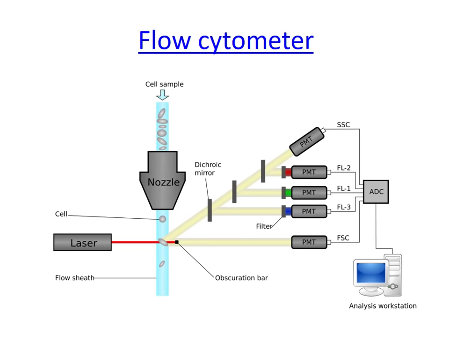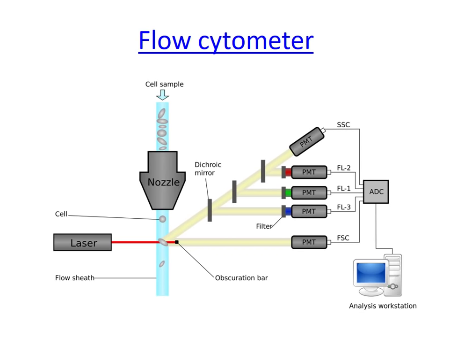Okay? And each detector has its own job to do. So for instance here, this will mean nothing to you at this stage, but this detects forward scatter, this detects side scatter, and these ones detect light at different wavelengths. So that's the basic setup of the flow cytometer, on a very basic level.